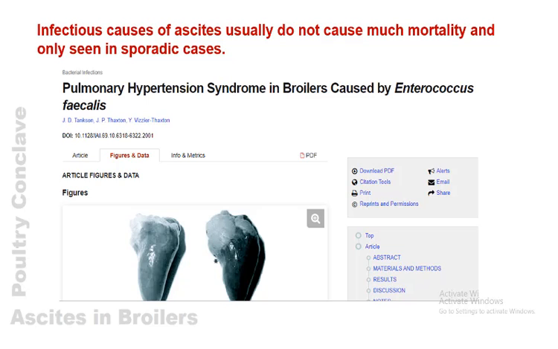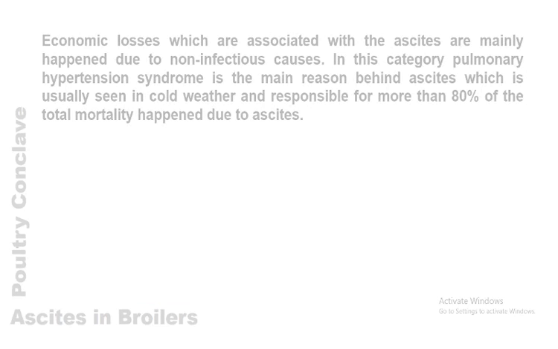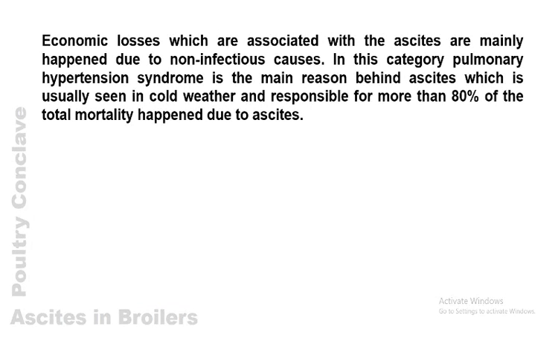Economic losses associated with ascites mainly happen due to the non-infectious causes. In this category, pulmonary hypertension syndrome is the main reason behind ascites, which is usually seen in cold weather conditions and responsible for more than 80% of the total mortality due to ascites.